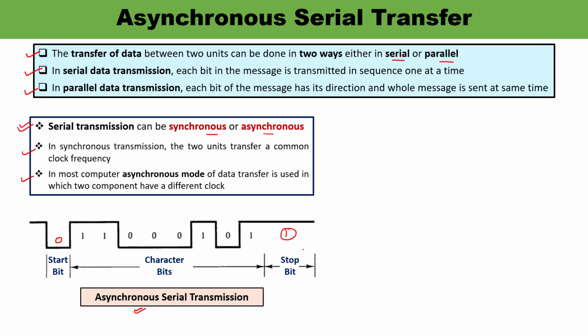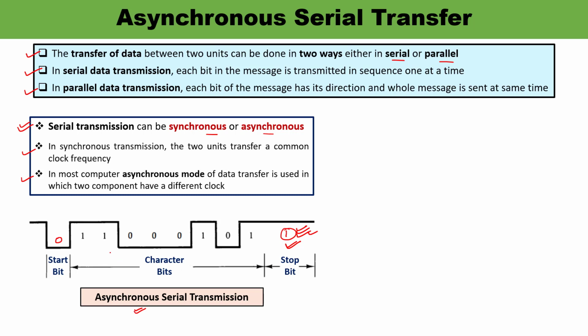You must remember that the start bit is denoted by 0, and the stop bit is detected when finally the line returns to state 1. State 1 means at this stage there is no data transfer, and when a character is not being sent, that particular line will always be at state 1.